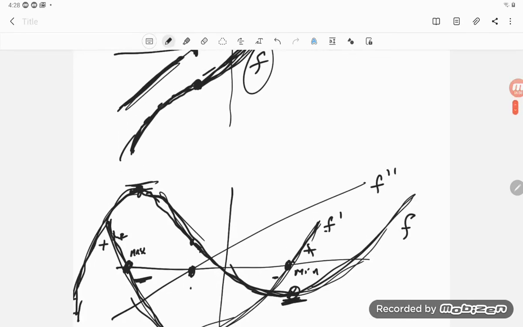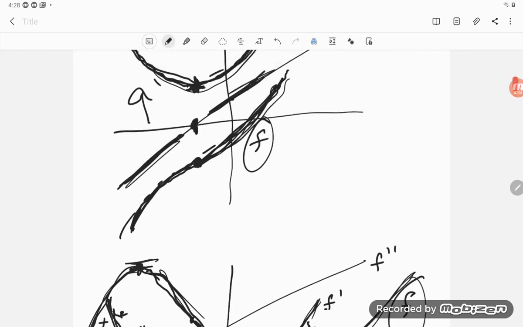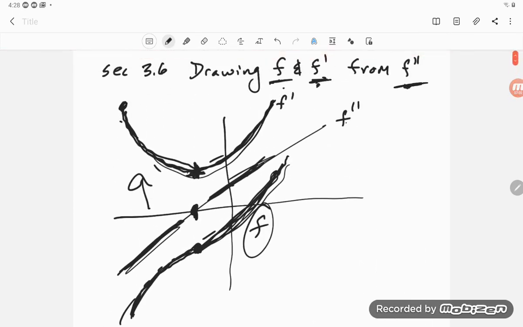Okay, so you can get a lot more variability in your function f if you are starting with f double prime, because you can get some variability from f prime, and then that will cause even more variability in the function f itself.